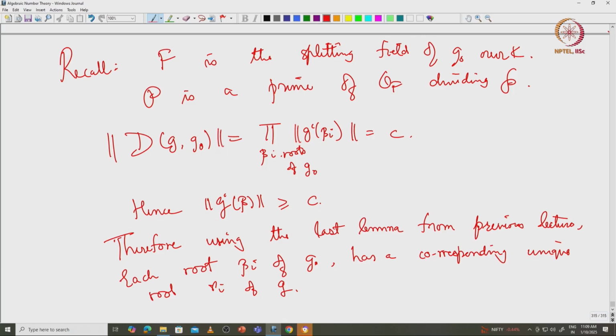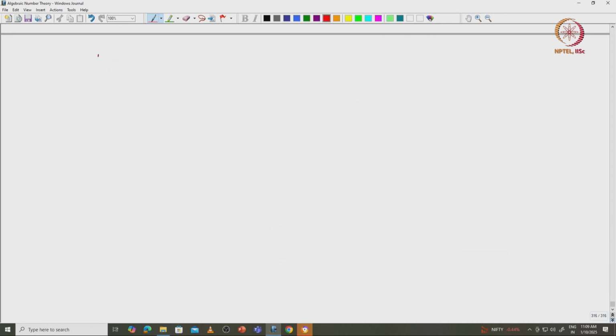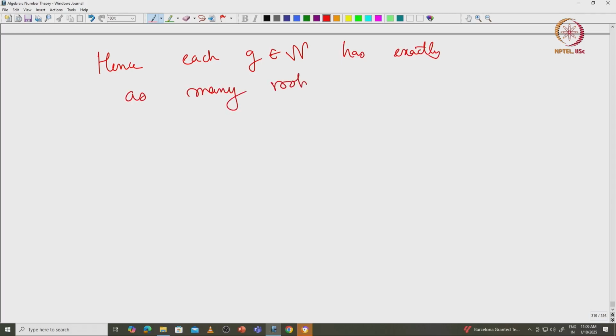So, therefore, each G in N has exactly as many roots as G0, including f, by the way, right.